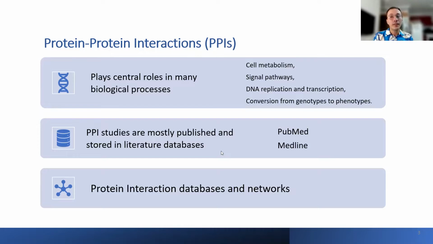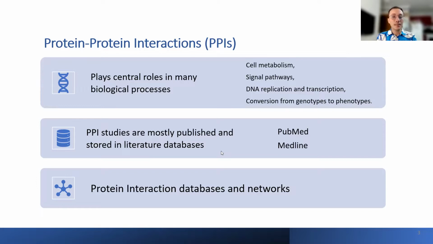Therefore, considering their importance, they have been widely investigated in many biomedical studies. Those studies in general have been published and stored in literature databases such as PubMed and Medline. Moreover, there exist several protein interaction-specific databases and interaction networks as well.